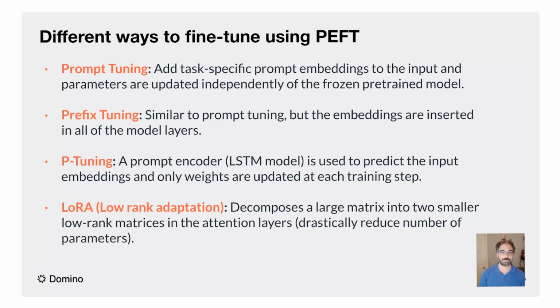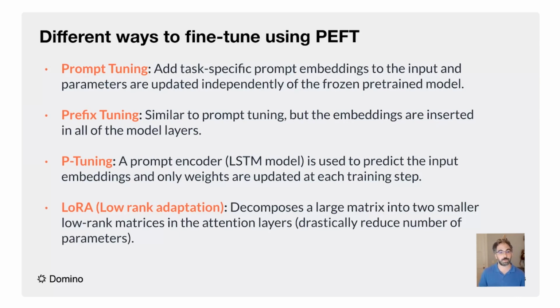P-tuning, instead of using a static set of embeddings, uses a prompt encoder backed by an LSTM model, which is used to predict the set of embeddings that you should provide with that prompt. You can use this the same way you would use prompt tuning, except you're getting a more user-prompt-specific set of embeddings to append.